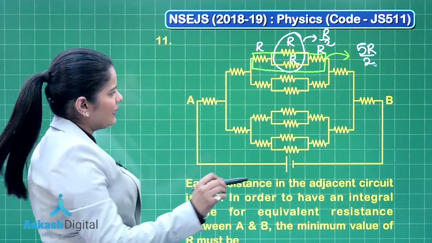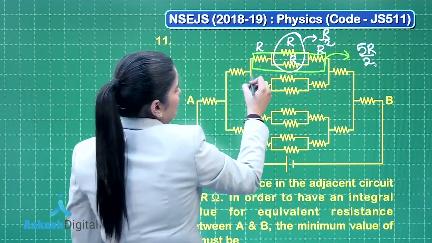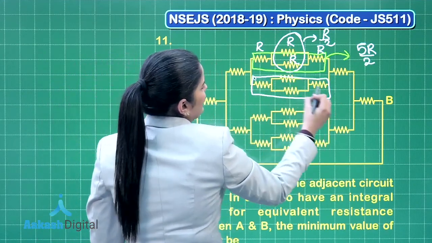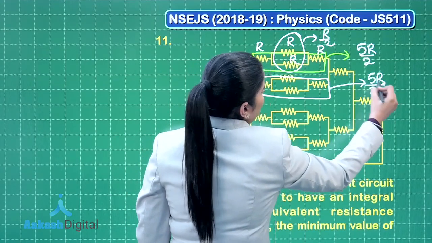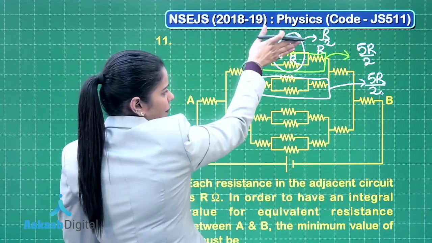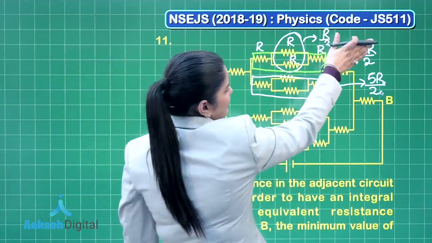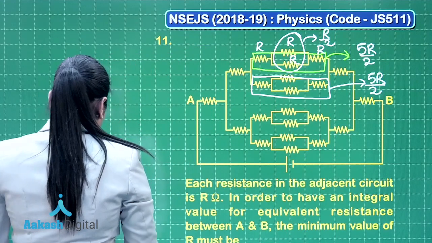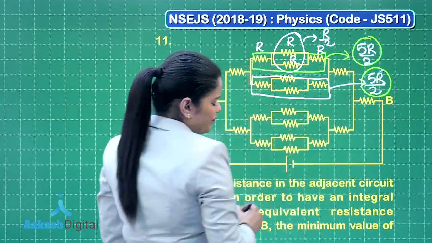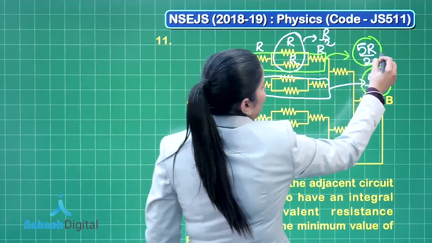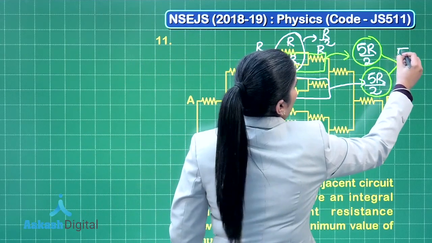Here you can see that this is similar to this, and hence the equivalent resistance for this part is also going to be 5R by 2. Now, the upper and the lower part are again connected in parallel. So, if you connect these two resistances in parallel, that is 5R by 2 and 5R by 2, you will get the equivalent resistance of 5R by 4.